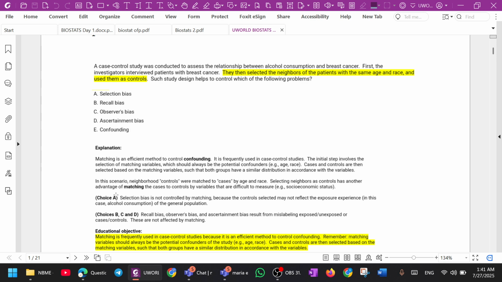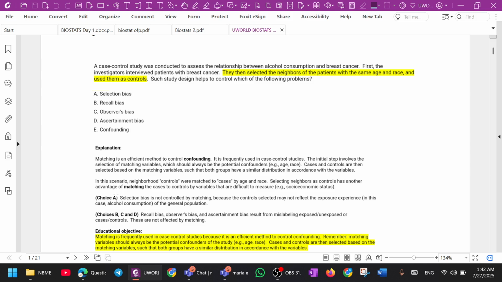In the scenario, neighborhood controls were matched to cases by age and race. Selecting neighbors as controls has another advantage of matching the cases to controls by variables that are difficult to measure, like socioeconomic status. So matching is an efficient method of controlling confounding.